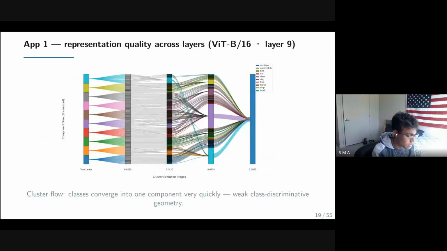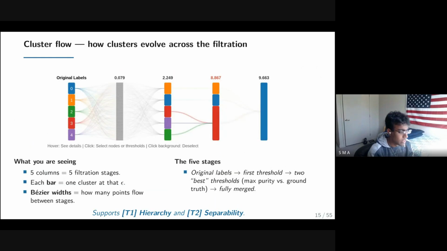So I'll just go back to one of the initial Sankeys. Like I was saying before, it's really hard to understand the filtration process unless you have a mathematical background, but you don't need any of that.